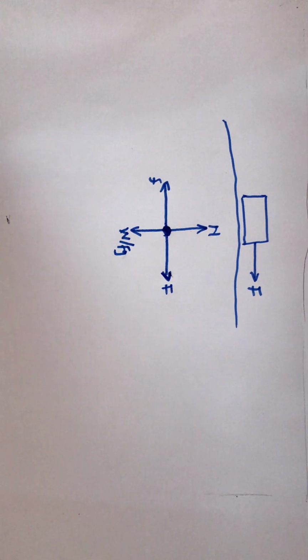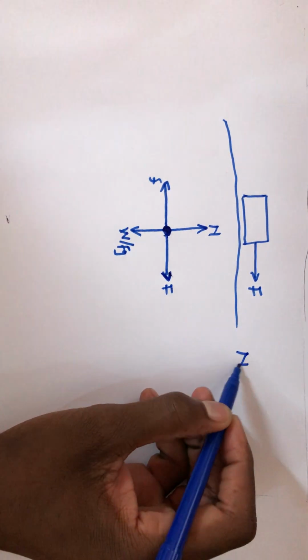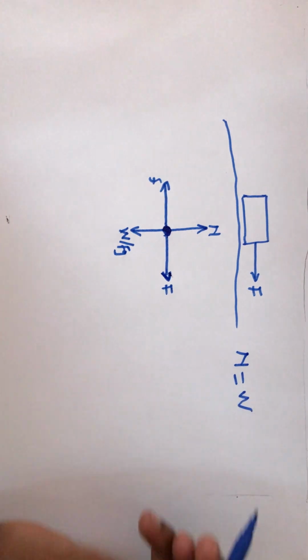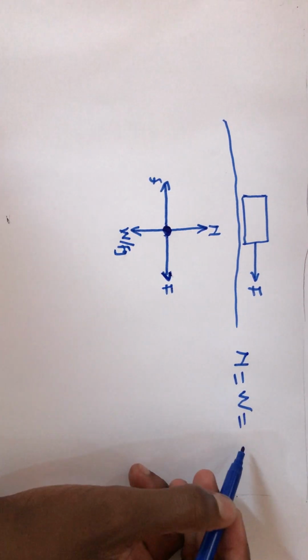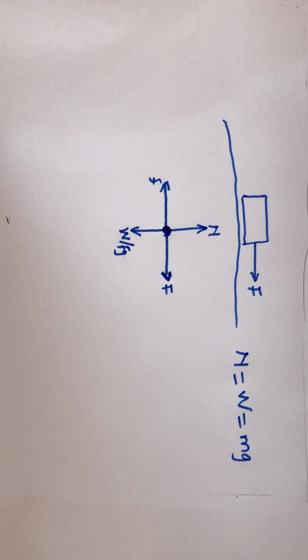So now, how are we going to calculate the normal force? In this type of situation, we know that normal force is equal to weight, and we know weight as mg. So how are we going to calculate the frictional force now?